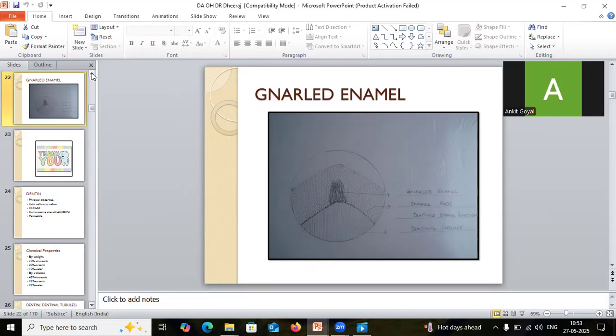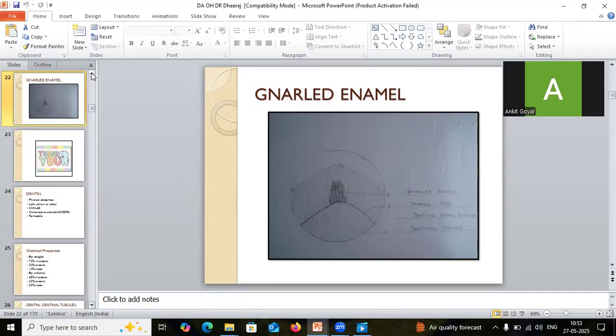Now next we have the gnarled enamel. This is the term which is used to describe an optical appearance which is seen in the longitudinal section of the tooth, in the incisal or in the cuspal region.